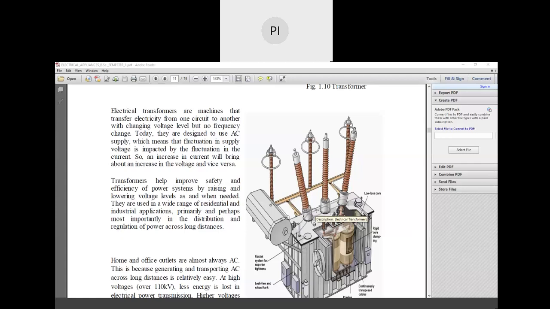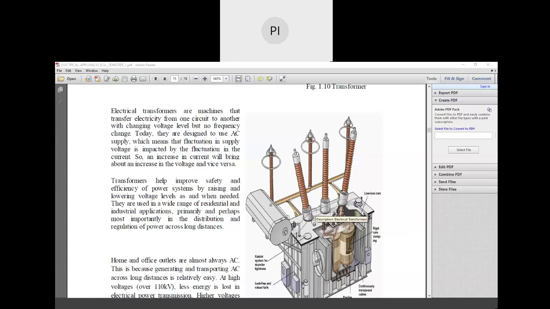In this way we are getting electric current to our villages. The distribution is occurring via the transformer. Without a transformer, we cannot transfer electrical energy from one place to another place.